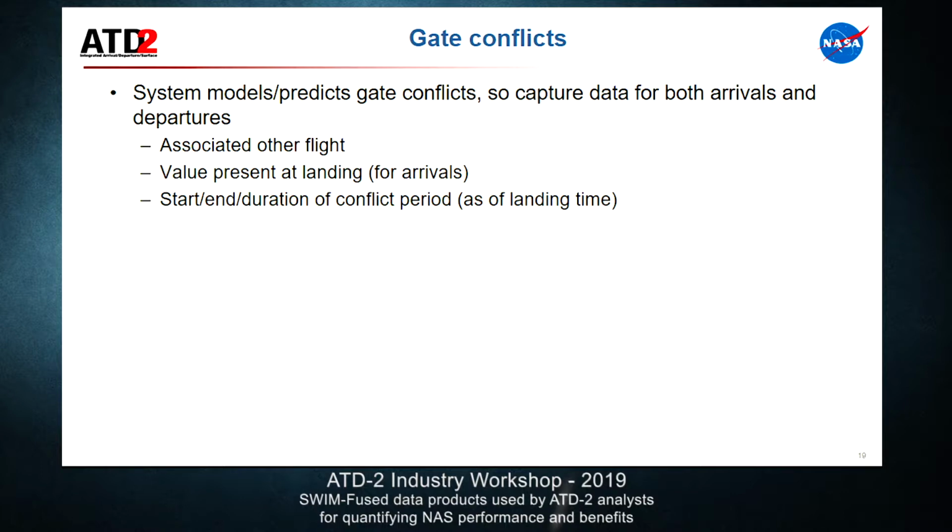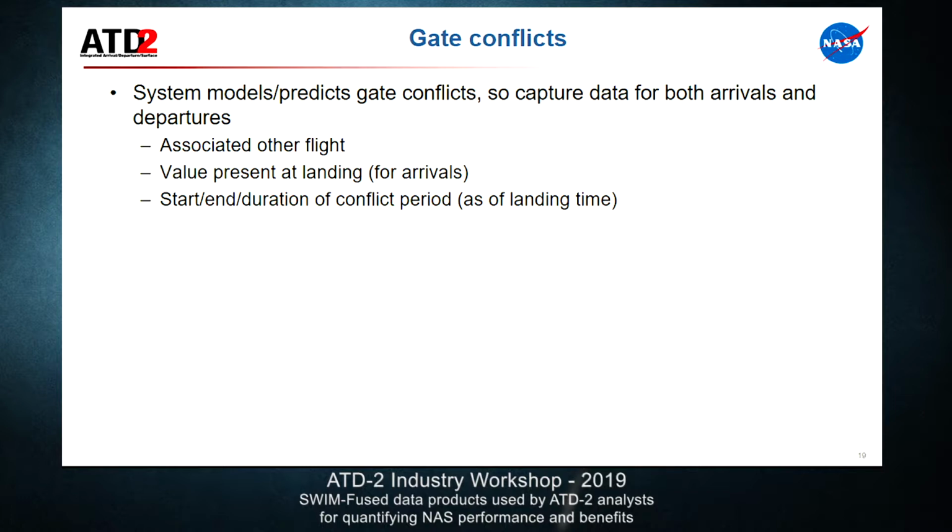That when that arrival taxis up to the alleyway, there's still going to be a departure sitting there, and so the idea is that they're getting this advisory, so they resolve it before it gets to that sort of blocking situation. The question was, how are the controllers managing the gate conflicts when they get that information? Some of the philosophy here is that the operators are in control of the ramp, and we would like to inform the operators that we think a gate conflict is happening.